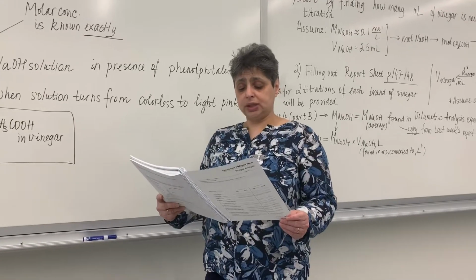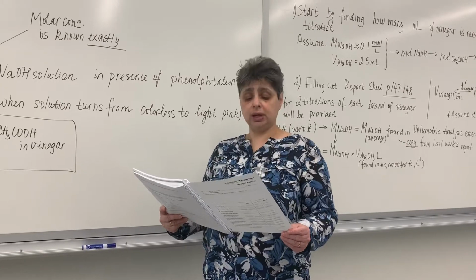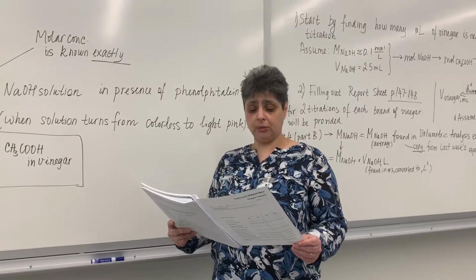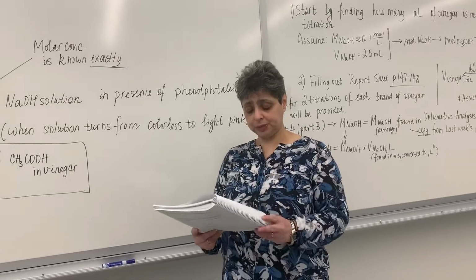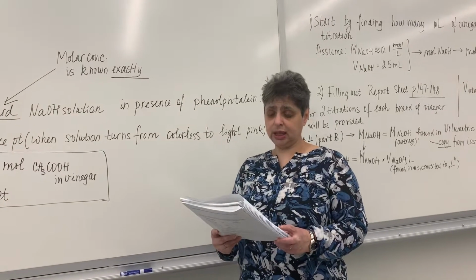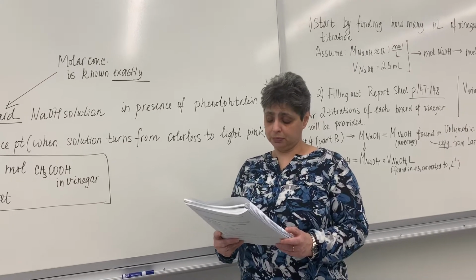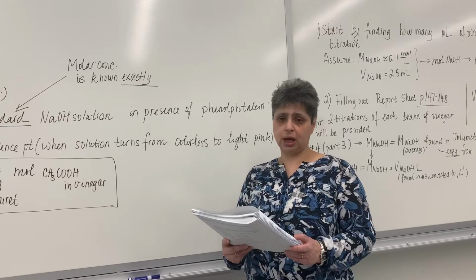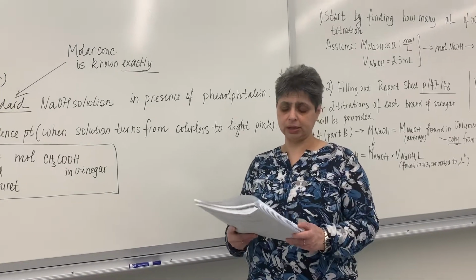Or for analysis of a single vinegar, calculate the standard deviation. Because we are going to give you data for the 2 vinegars, I would just like you to briefly compare mass percentages of acetic acid in the national brand, Heinz versus store brand, Kroger, and tell me whether you think they're close enough or maybe there is a big difference.